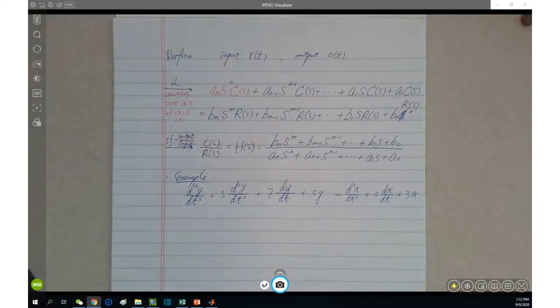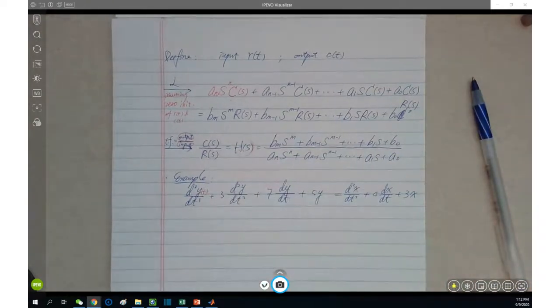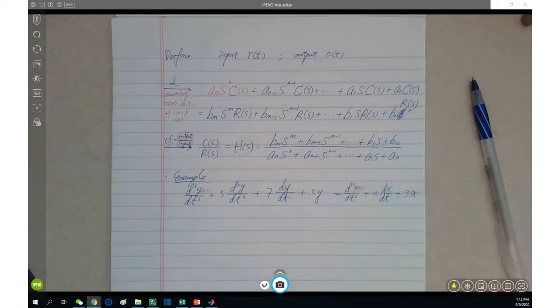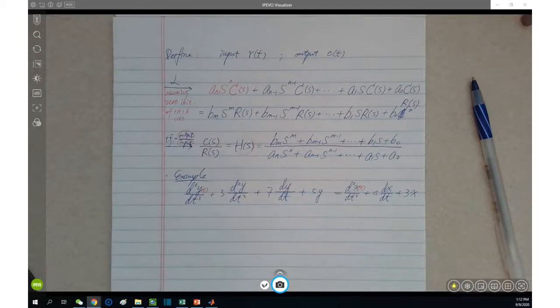Obviously, one is input, the other is output, and both are functions of t. What I'm saying is y means y of t, x means x of t. Therefore, you are seeing the derivatives of them with respect to t. Does it make sense? This is the differential equation that we have in the first place, and then we try to conduct the Laplace transform on it and get the transfer function.